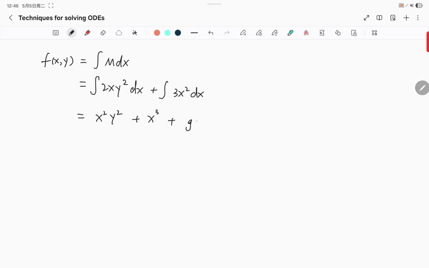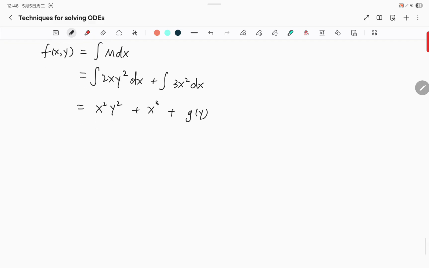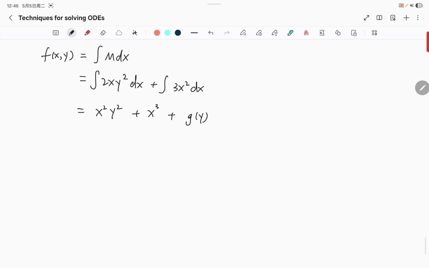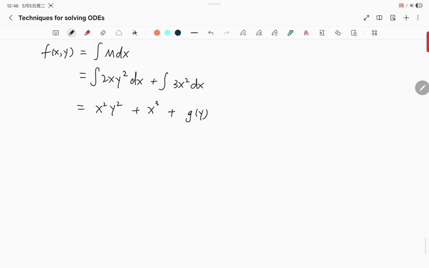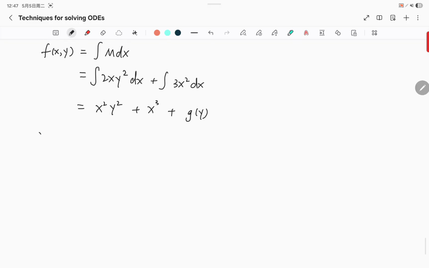That's ugly. And now, similarly, we're going to do the partial derivative of this function that involves both x and y with respect to y, because we did dx here, so we're going to do del y.